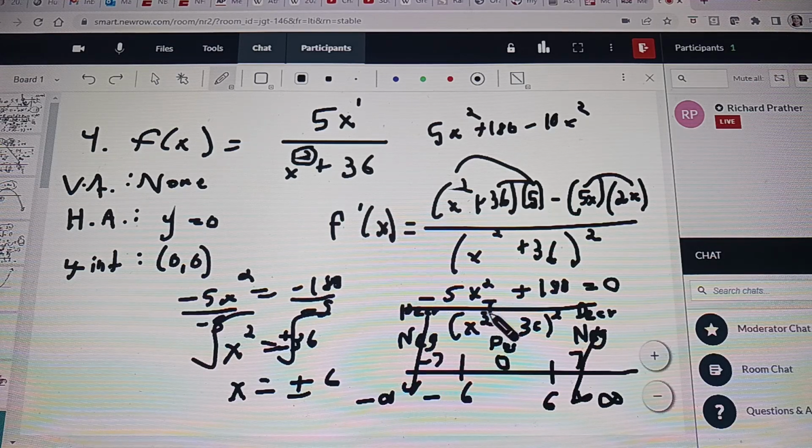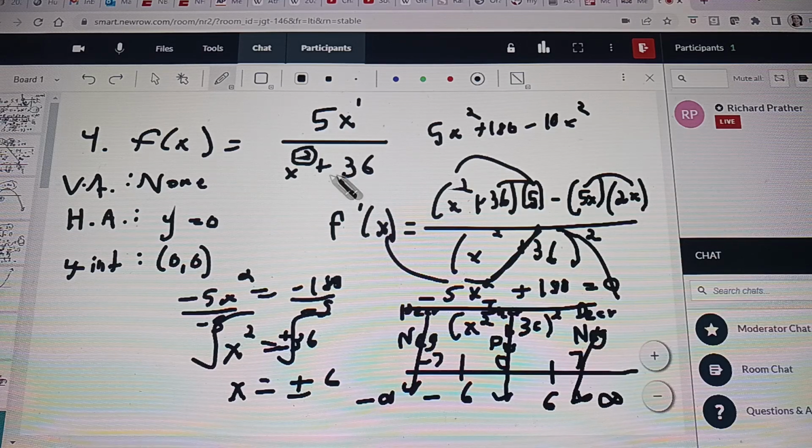So then the graph's increasing between -6 and 6. So if you're decreasing first and increasing second after a critical number, that's a local minimum. And if you're increasing followed by decreasing, that's a local maximum. So we have both a local minimum at -6 and a local maximum at 6.